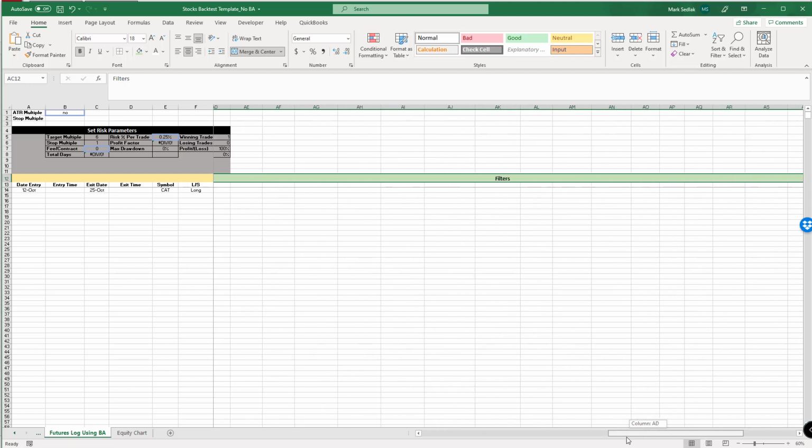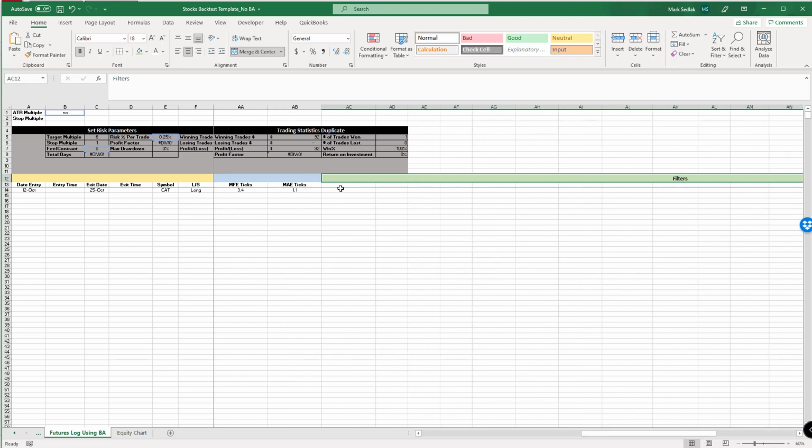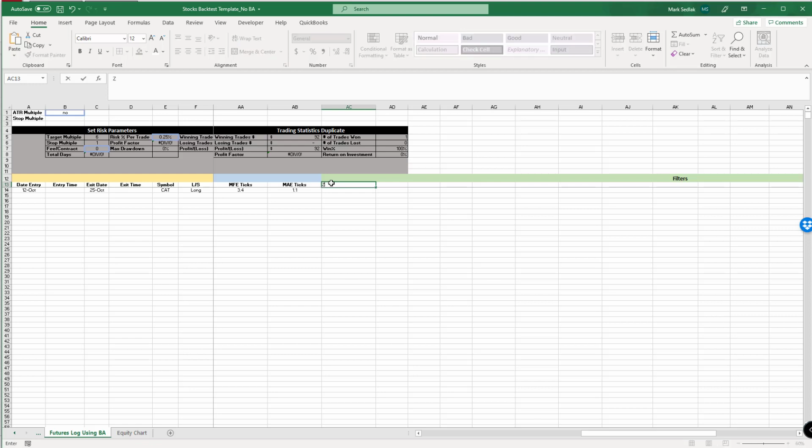Very simple. And then for the filters, what you're going to do is down here, you're going to add in your filter criteria. So, for example, maybe I want to understand which zone count this zone was in. You guys remember from a prior video we talked about zone counts. So let's say zone count. Maybe we want to understand, was there stochastic divergence?